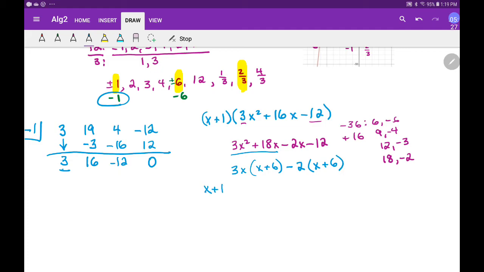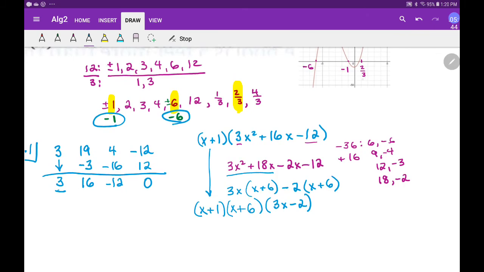X plus 1. That came down from up there. And then I have x plus 6 because it happened. And by the way, that shows my negative 6 was true. And I have 3x minus 2, which kind of testifies to the 2 over 3 up there. So that works as well.